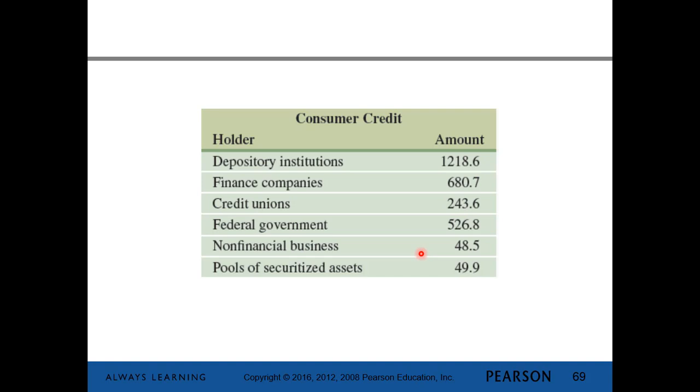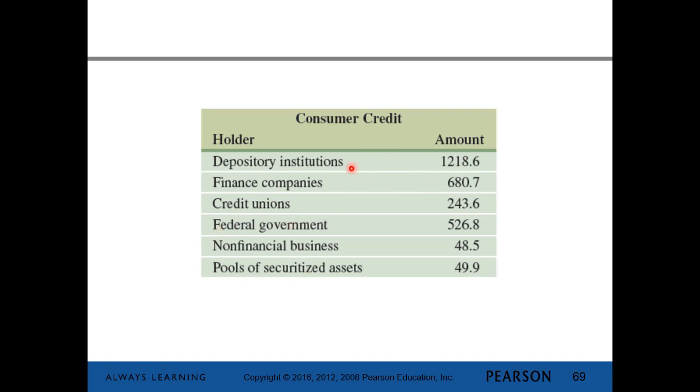Okay, so let's look at consumer credit. We have the holder, so these are the different institutions, and these are the amounts that they hold at each one of these different financial institutions, as far as consumer credit, the amount of loans that they hold.